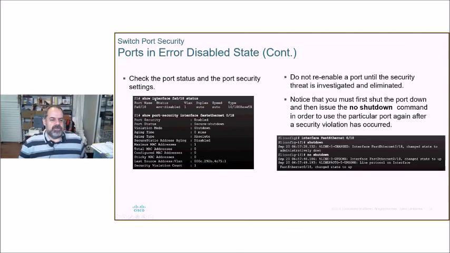If you do show interface F0/18 status, it will say err-disabled. Do not re-enable the port until the security threat is investigated and eliminated. So don't just do a shutdown, no shutdown. You should actually investigate what is plugged in and whether that's valid or not.